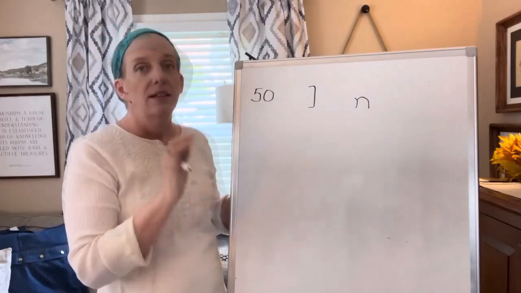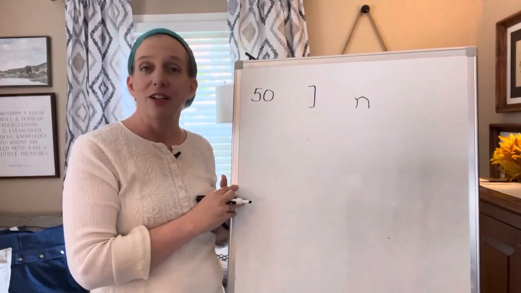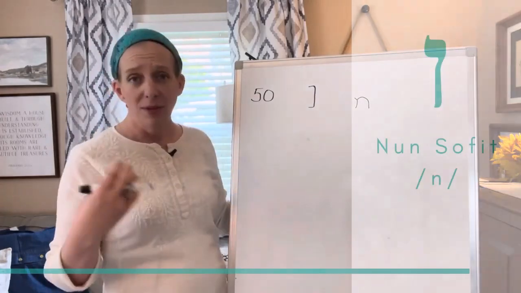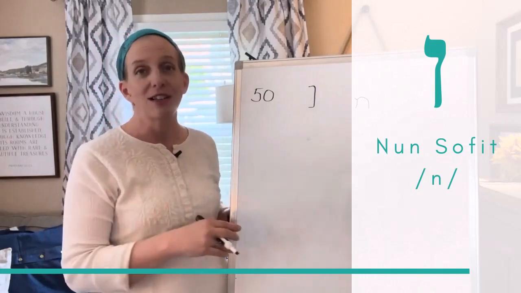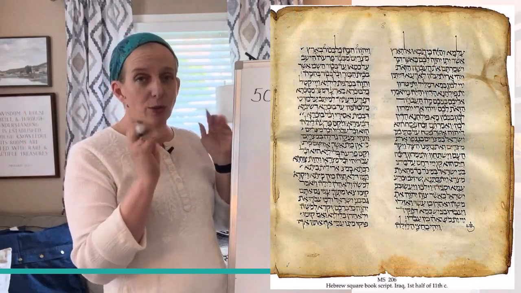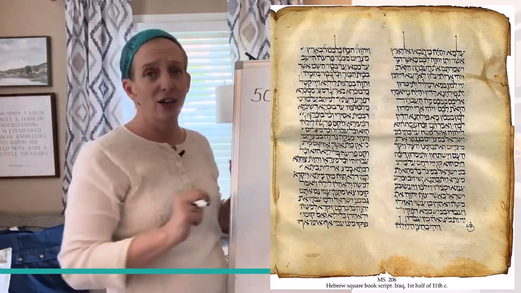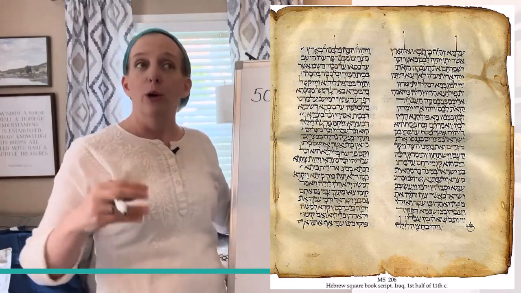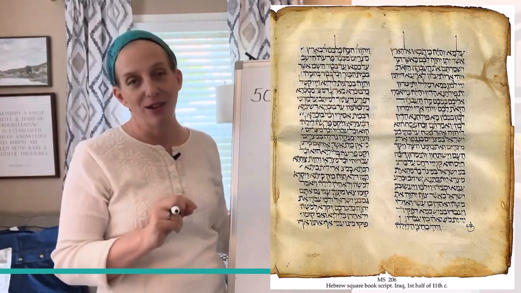That's where we get the letter Nun. Now, the letter Nun is one of those letters that has a sophit, or an ending letter. When it comes at the end of a Hebrew word, we shape it and write it a little bit different. As we talked about in a previous video, that's because all of their words were squished together without spaces in between. And sometimes these letters that commonly occur at the end of a word had a different form so that your mind could say, yep, that's the end of a word.